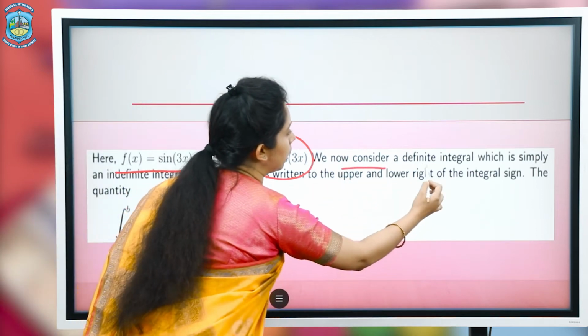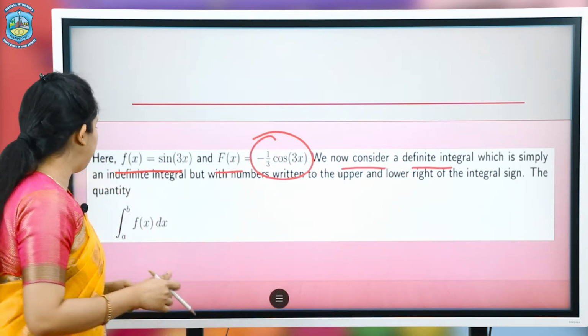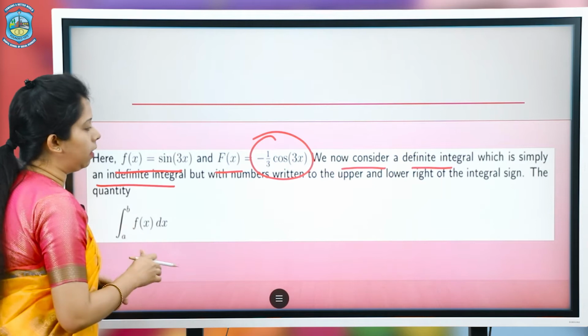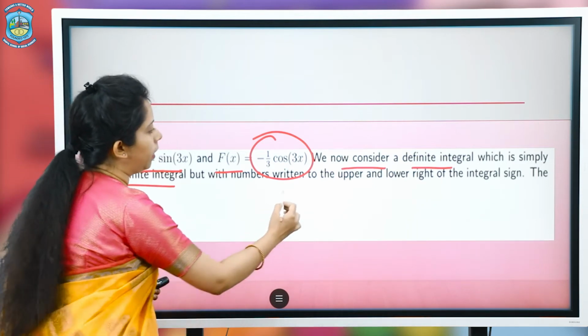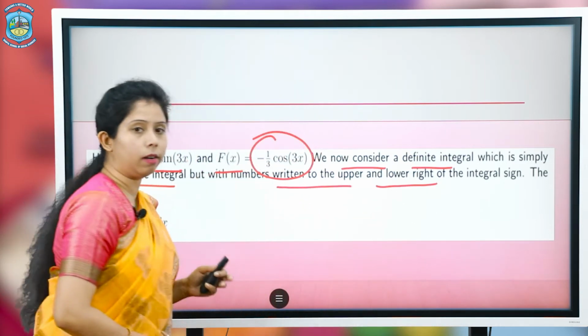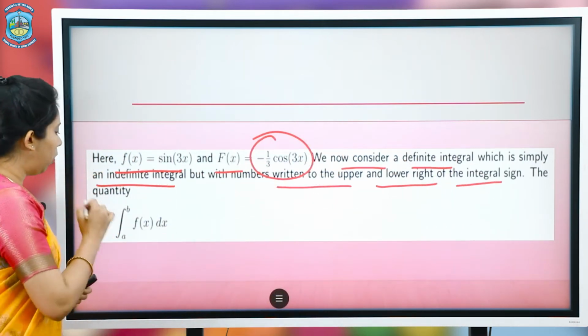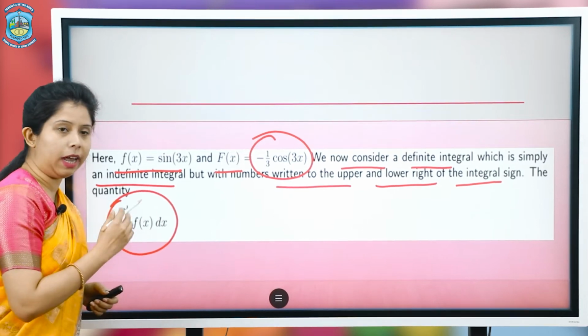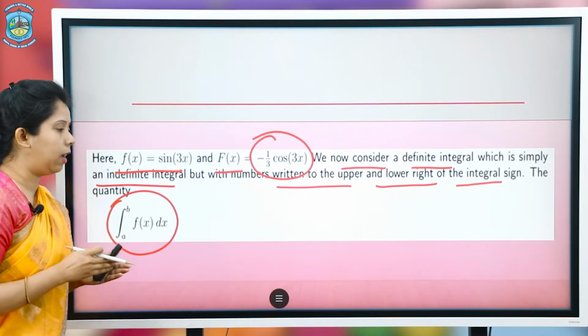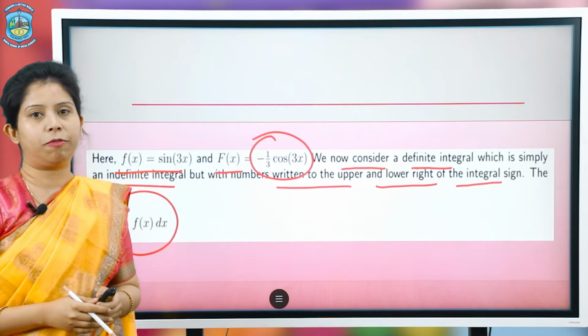We now consider a definite integral, which is simply an indefinite integral but with numbers written to the upper and lower right of the integral sign. The quantity integral a to b f of x dx is equal to capital F of b minus capital F of a.